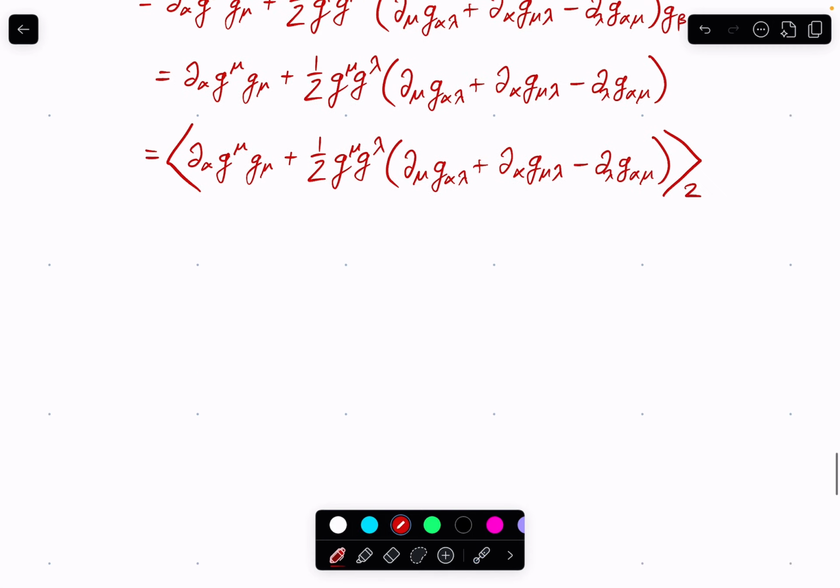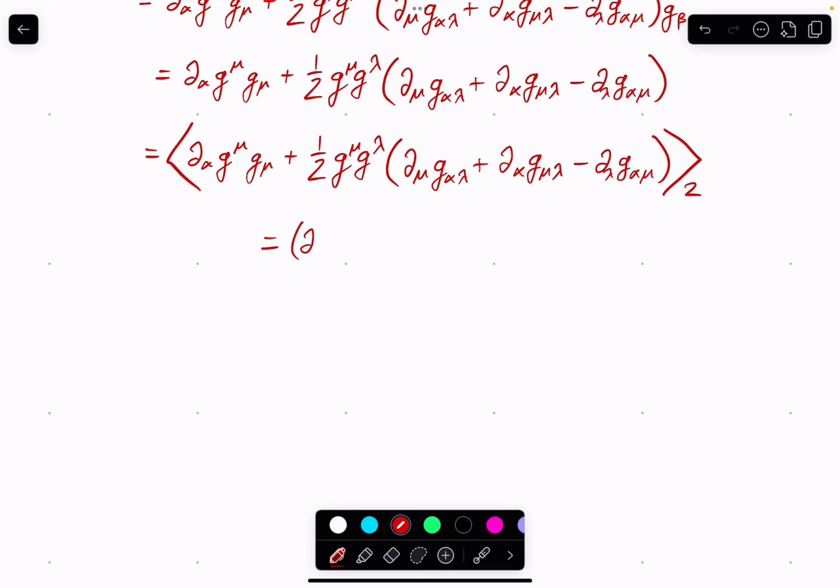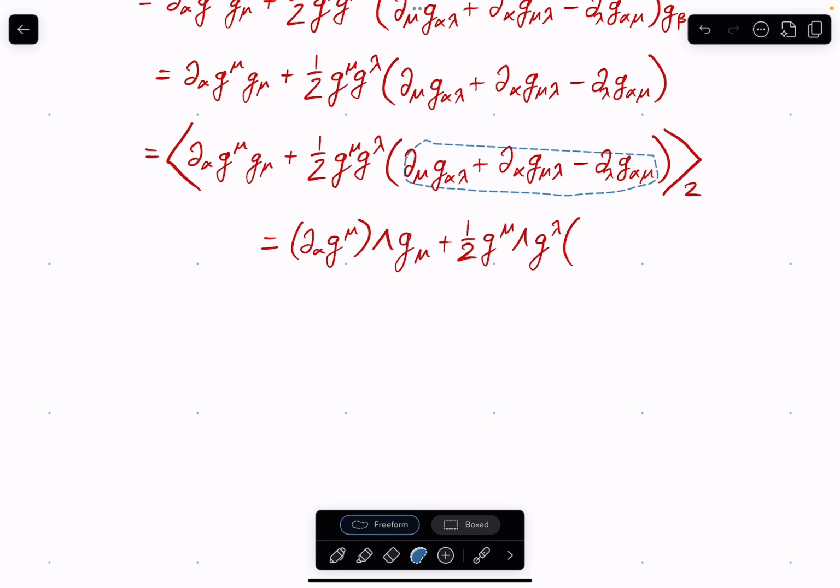So now we're going to just select the stuff that gives us grade 2. This is a vector, this is a vector, this is a vector, this is a vector. So we're just going to select the outer product. So now we have partial alpha g^μ wedge g_μ plus 1/2 of g^μ wedge g^λ, and then all of these fun guys right here.